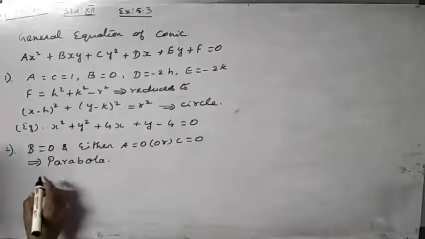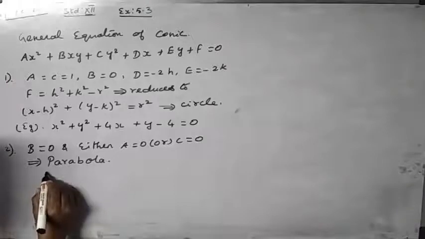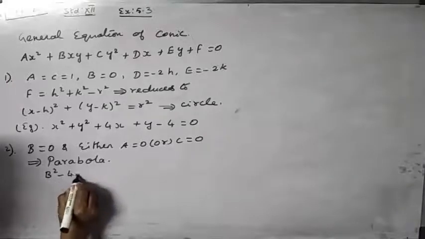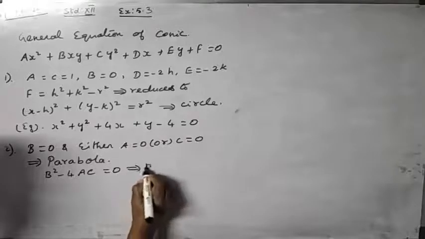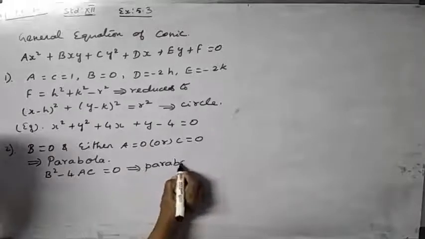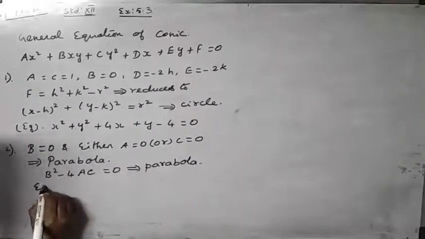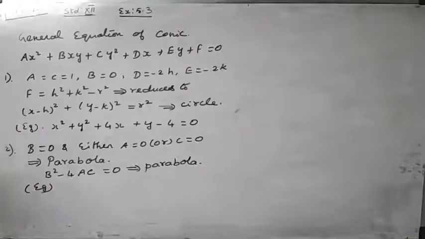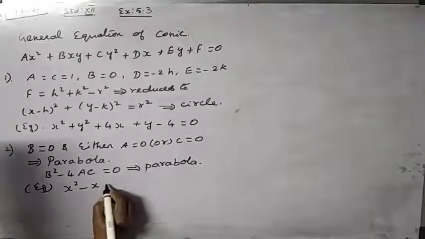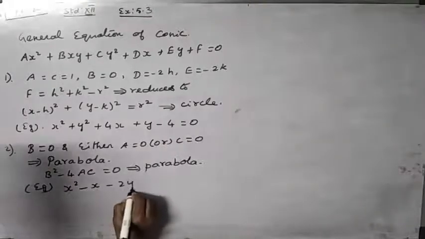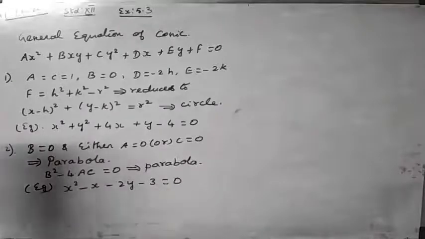Or else you can take this in discriminant form, that is b square minus 4ac is equal to 0, which implies parabola. Now I will give an example. Example: x square minus x minus 2y minus 3 equal to 0.